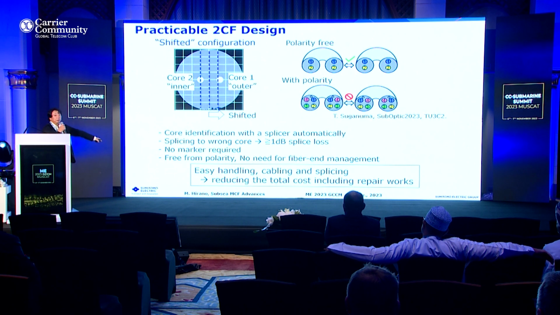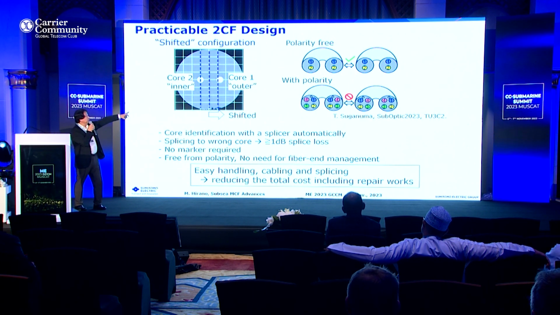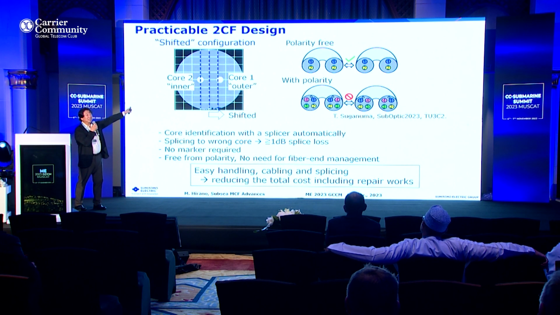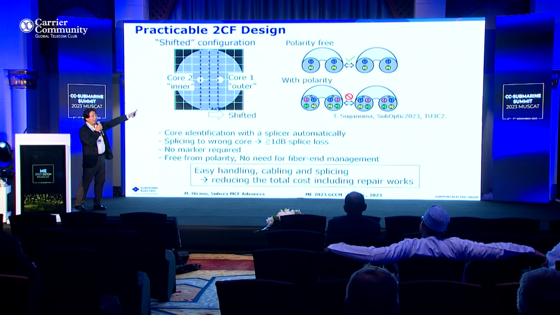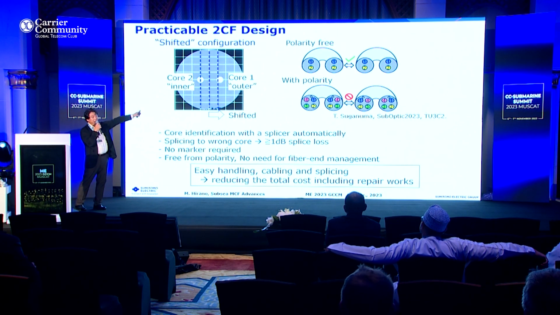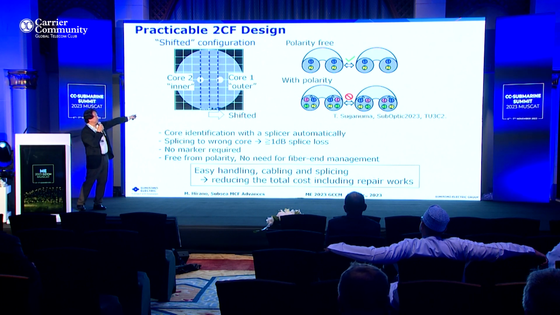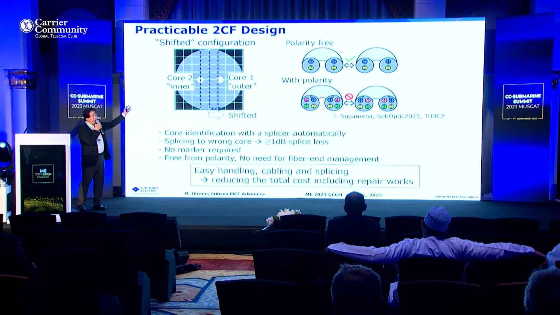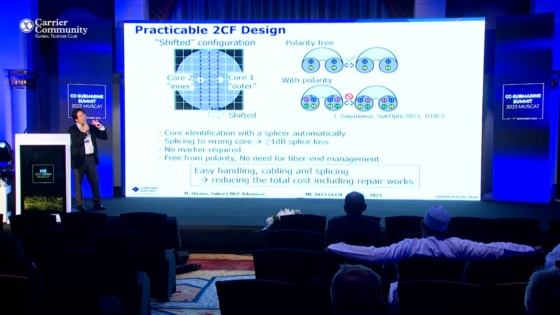And free from polarity, this is very important. If you see the view graph, polarity free means that the two ends have the same phase, so you can splice a fiber without consideration of the end phase or the direction.